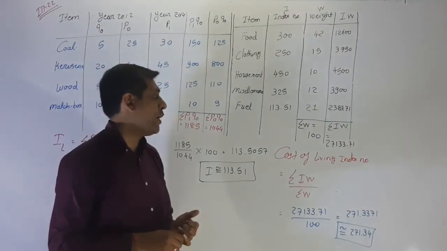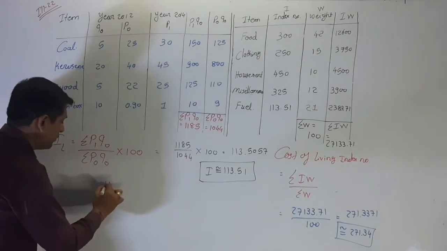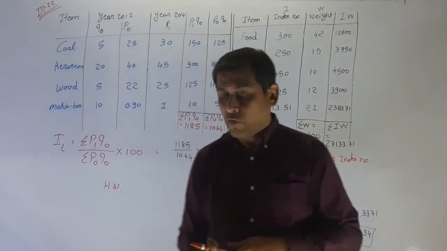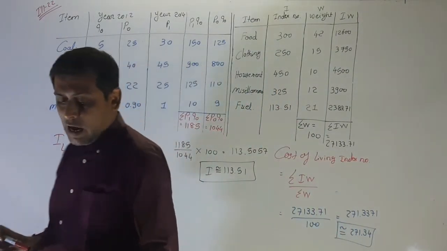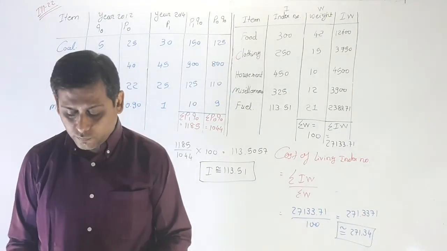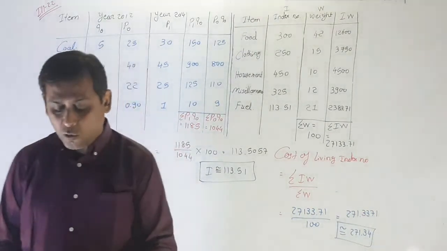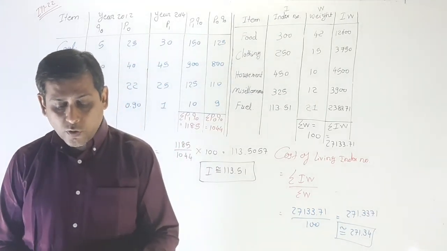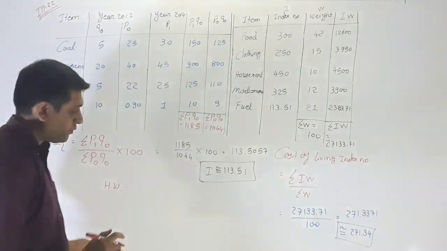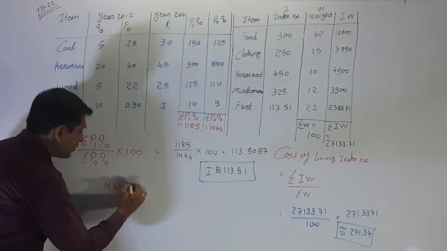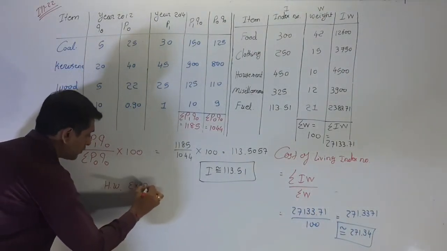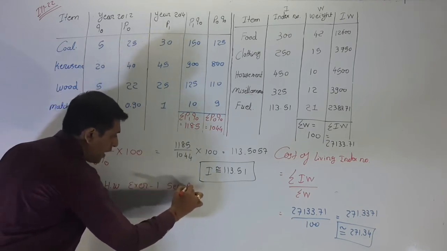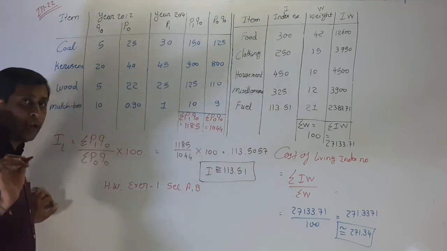Now time for today's homework. Up to exercise 1.4 we have completed in our exercise book. If you can write, then please write section A and B if you find them in the textbook.